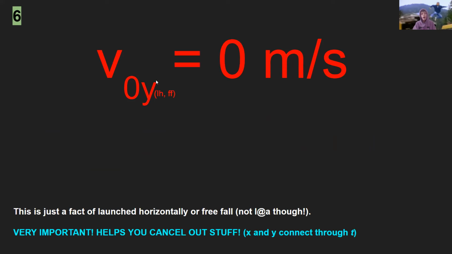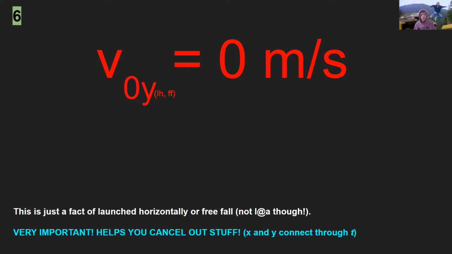But initial y velocity for launched horizontally and free fall is 0 meters per second. When you're dropping something in free fall, obviously you're not giving it an initial velocity. For launched horizontally it's only x at first, and x remains constant, and then y increases.